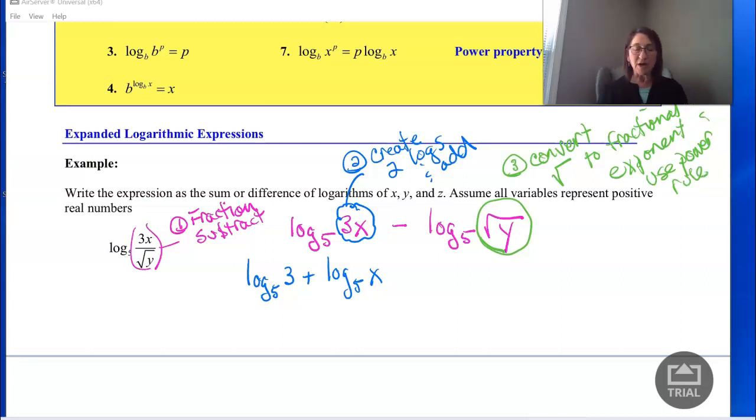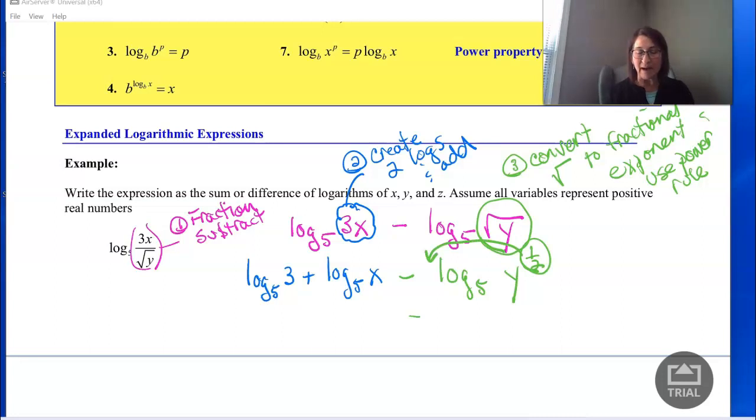So that's going to be minus log base 5 of y to the 1/2. Now, this 1/2 is going to come in front. So that's going to be minus 1/2 log base 5 of y.